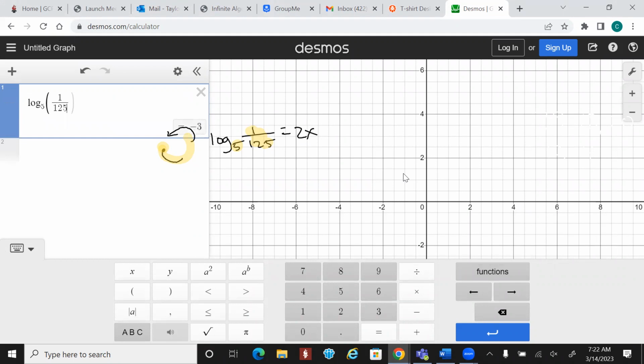And that gives me -3. So that's going to give me -3 equals 2x. But I still want to solve for x. So how do I get rid of this 2? Divide by 2 on both sides. And so x is going to equal -3/2.